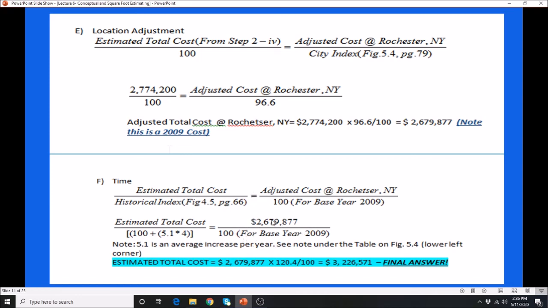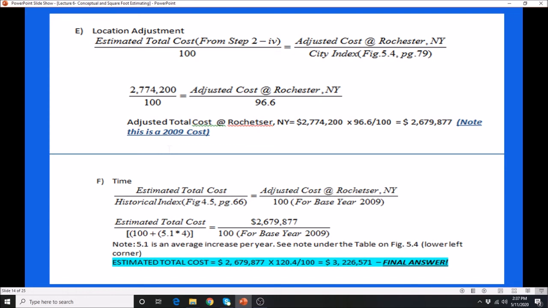Then multiply this one here, divide by 100, because that's the base year, and that will give you 3,226,571. So again, I gave you here step by step. It tells you what figure you're going to use at every given step.